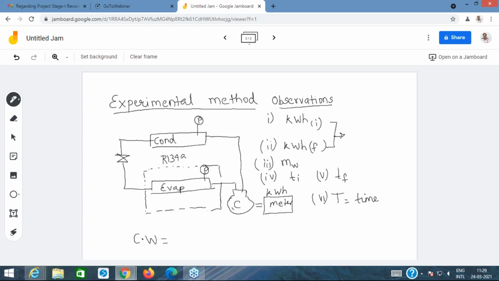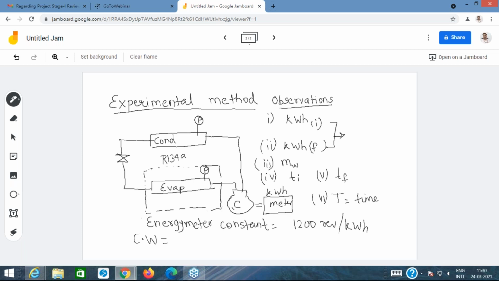So for this energy meter, which is in our lab, the energy meter constant is 1200. So you can take down the energy meter constant for the compressor. The energy meter constant for this compressor meter is 1200 revolutions per kilowatt hour.